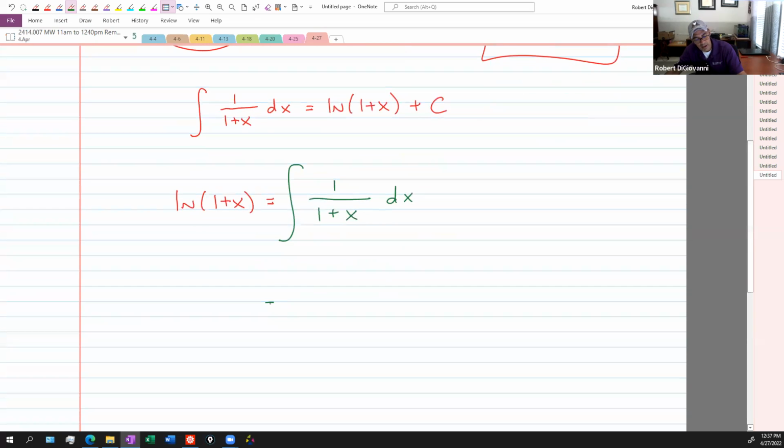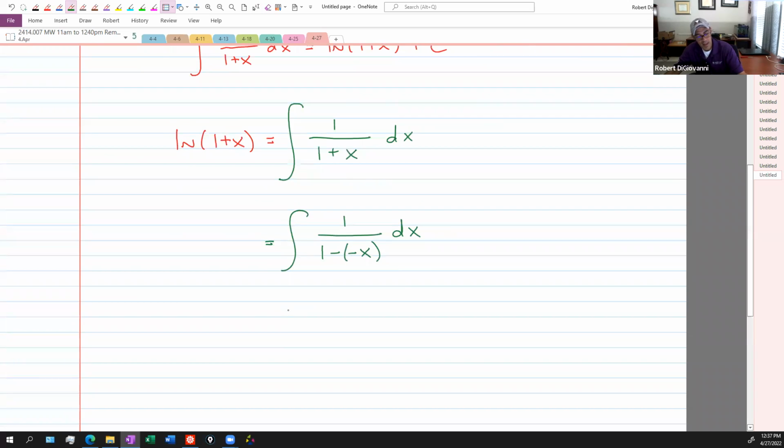But I can rewrite 1 over 1 plus x as 1 over 1 minus negative x dx, can't I? And that I can turn into its series, the sum n equals 0 to infinity of negative x to the n, if the absolute value of x is less than 1.